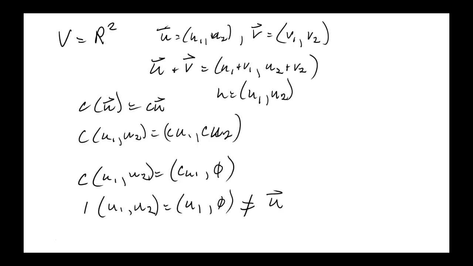C, the set of all ordered triplets, x, y, z, of real numbers, where y is greater than or equal to 0, with the standard operations on R3, is a vector space. Set of all ordered triplets, real numbers, where y is greater than or equal to 0. Okay, so basically it's saying the y part of it's 0 or bigger.